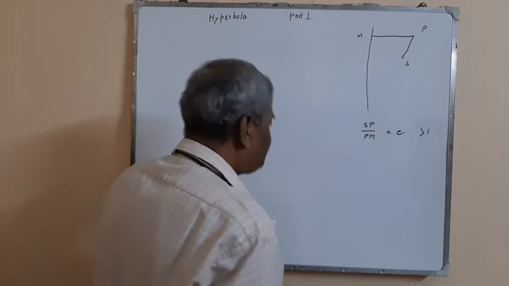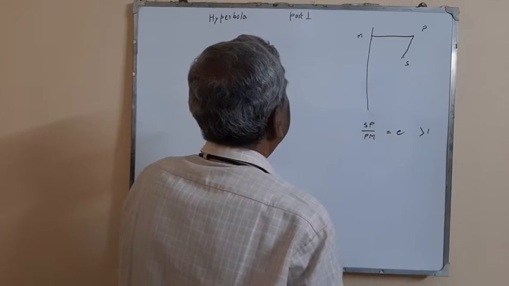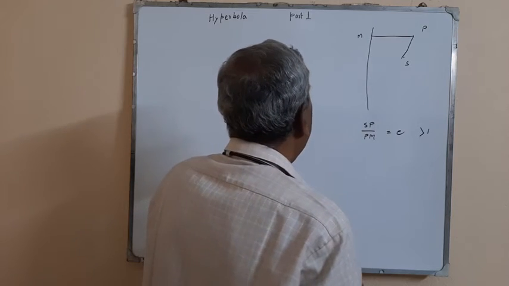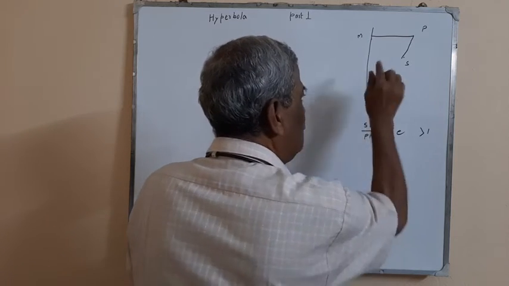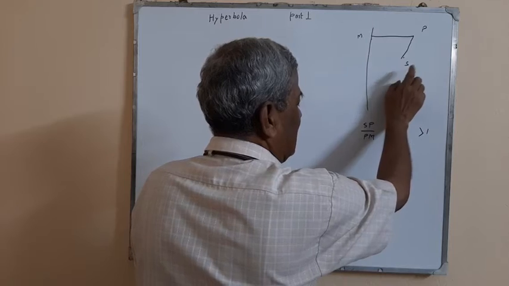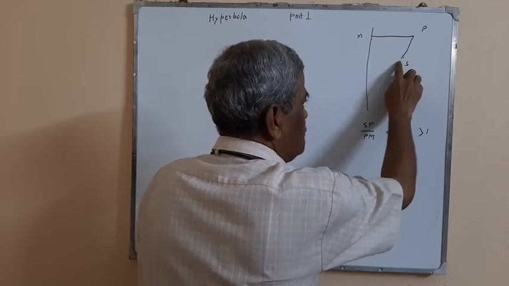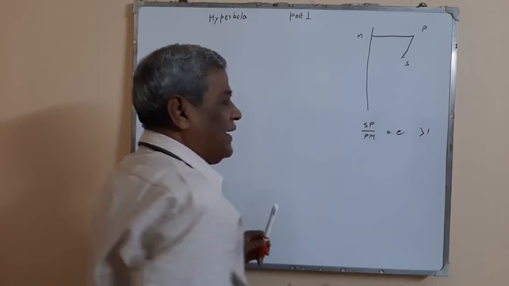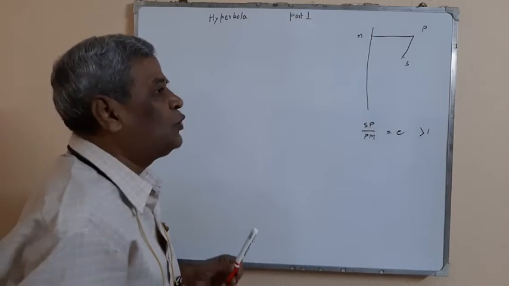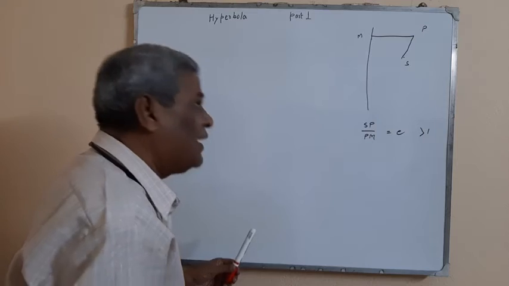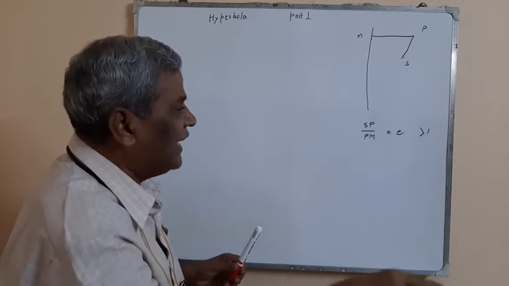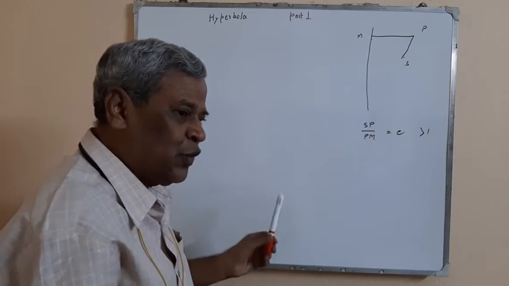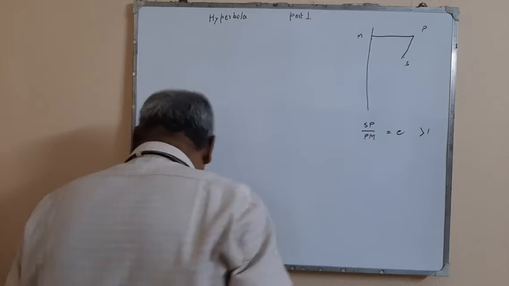For a standard hyperbola, it has two fixed points called focus, like ellipse, and two straight lines normally called directrices. In ellipse and in hyperbola, same is the case: two focus, two directrices.